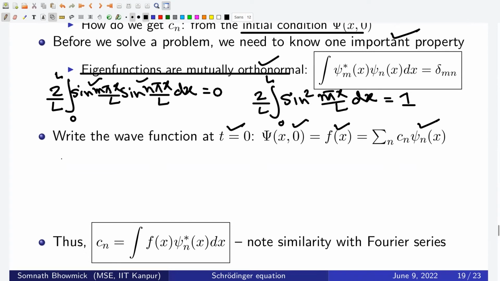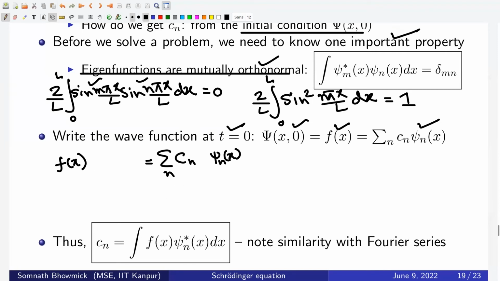So we write f of x is equal to the sum over n of Cn psi n of x.